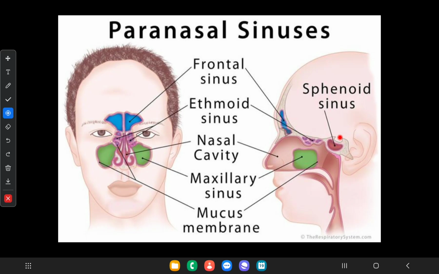Posterior ethmoidal nerves and orbital branches of the maxillary nerve supply the mucous membrane of the sinuses. The clinical correlation with the sphenoid sinus is, as I told you earlier, the transsphenoidal hypophysectomy. So how is it done, how do we surgically approach the hypophysis?